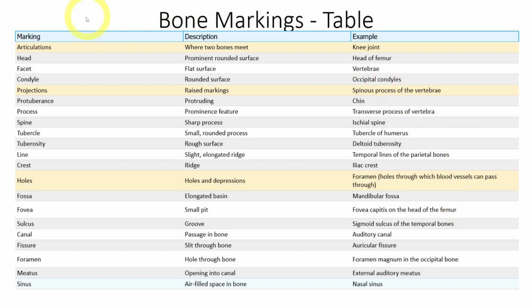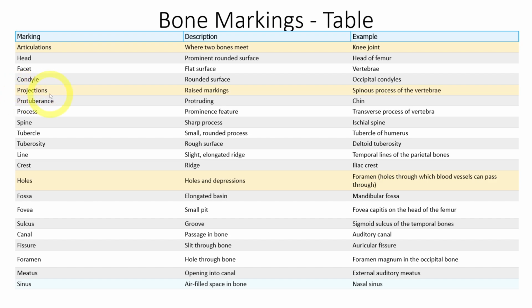So here's the breakdown of the three categories again. For articulations, where the joints are, there are heads, which are completely round, like the head of the femur. They're almost spherical. Facets, flat areas. You'll find these in the vertebral joints, where each bone of the spine is flat on top and bottom, and they sit on top of each other. Condyles, rounded surfaces that are not completely spherical, kind of door hinge shaped.